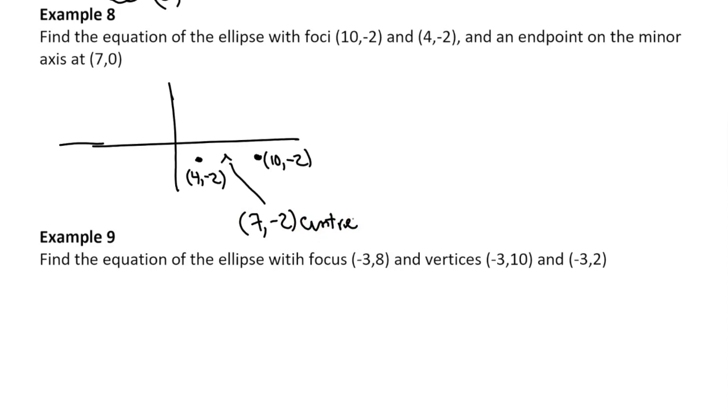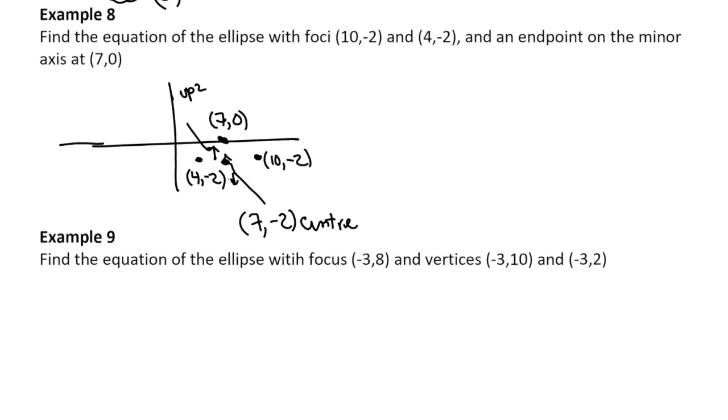And it also tells us that we have an endpoint on the minor axis at 7, 0, right here. And if that's going up 2 units, then we would have to balance that by going down 2 units, so the length of our minor axis is 4 units in total.